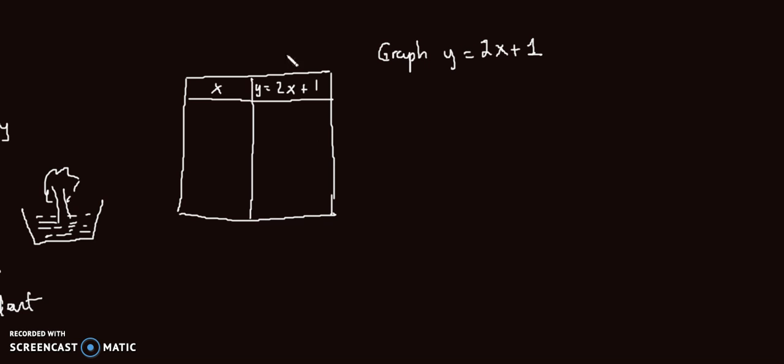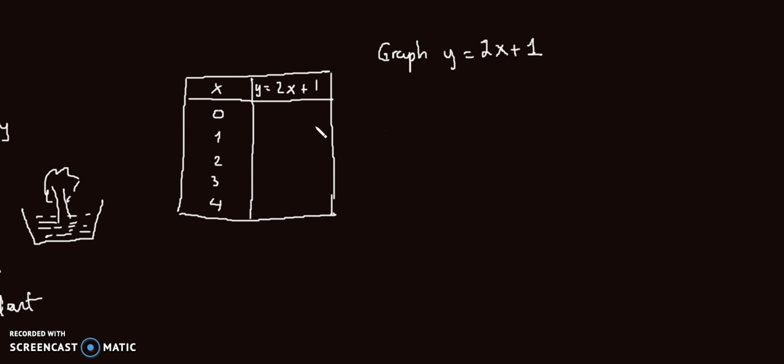And then you pick, let's say, several points. So for the purpose of illustration I would use, let's say, 0, 1, 2, 3, 4. Usually, again, we only need 2 points. 2 points are enough to graph a linear function.